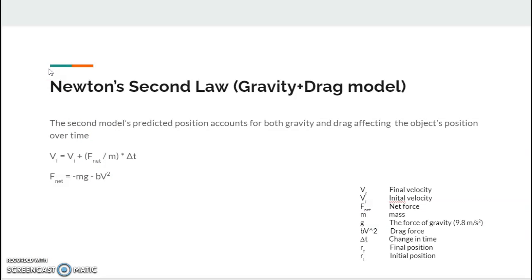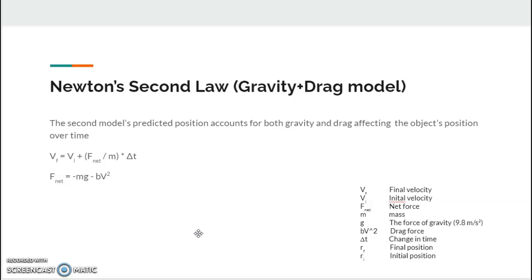In Newton's second law, gravity and drag can also be accounted for, and this was done in the second model to predict this position with this new F net of negative mg minus bv squared, b being the proportional constant of drag, and bv squared being the overall drag force.